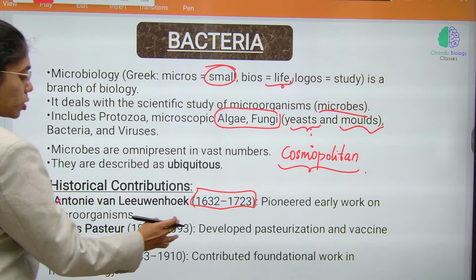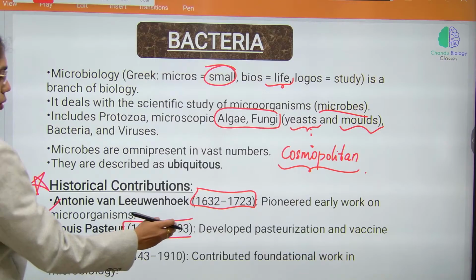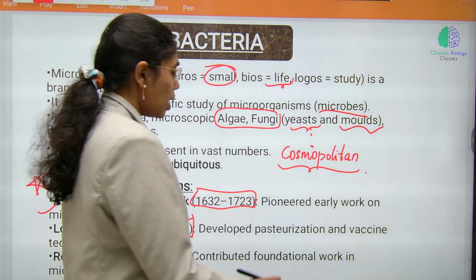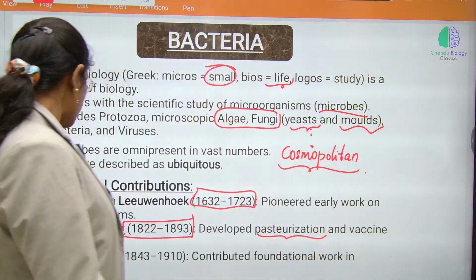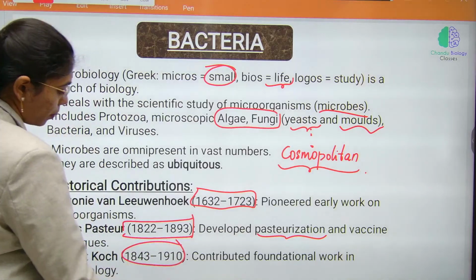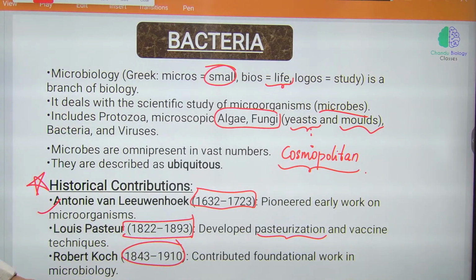Louis Pasteur, from 1822 to 1893, developed pasteurization and vaccine techniques. Robert Koch, from 1843 to 1910, contributed foundational work on microbiology. This is a brief intro on the discoveries of microbes.